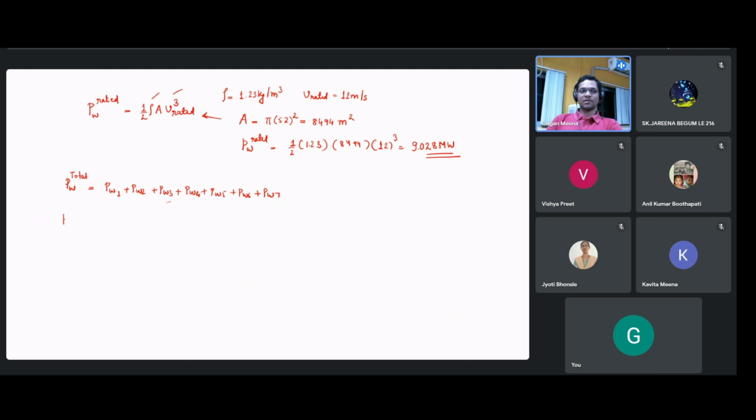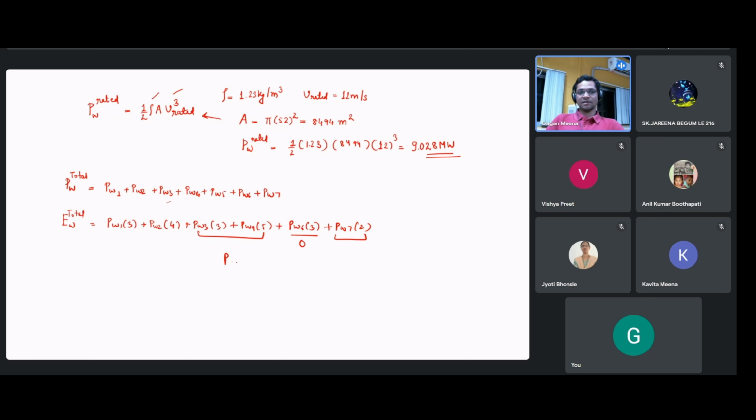And if you want to calculate total energy, you have to multiply each by the duration. First is 3, second is how much? 4, 3, 3, 5, then 3, 2.